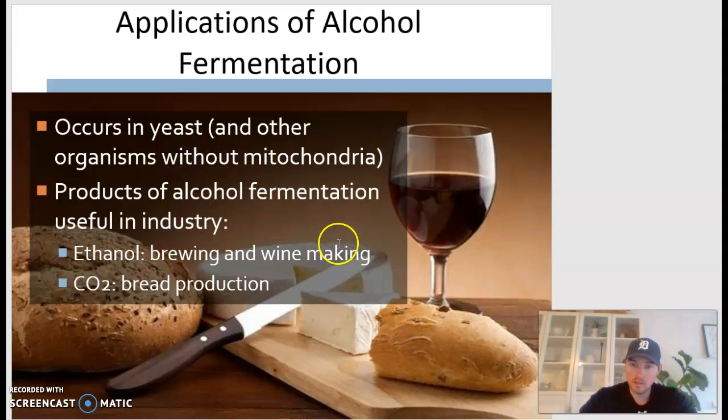So on top of making wine and beer, we also use it in the production of bread. So if you ever see the bubbles in the bread, that's the yeast. That's the CO2 production. The more yeast, the more CO2, the more airiness in your bread.